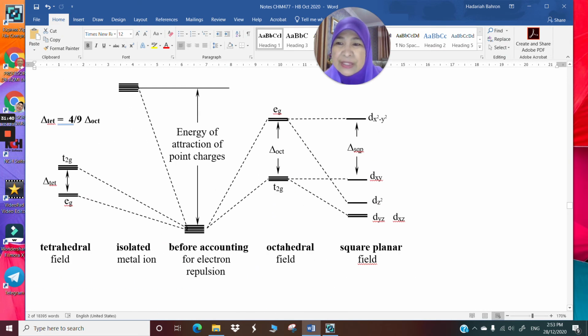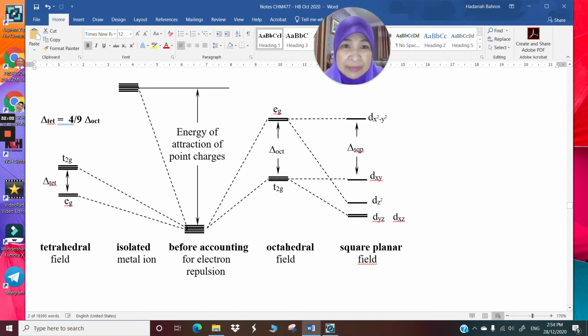So there is always enough energy for electrons to jump after singly occupying the e orbitals. The third electron will always have enough energy to jump into the t2 orbitals and then fill up the 3 orbitals in the t2.